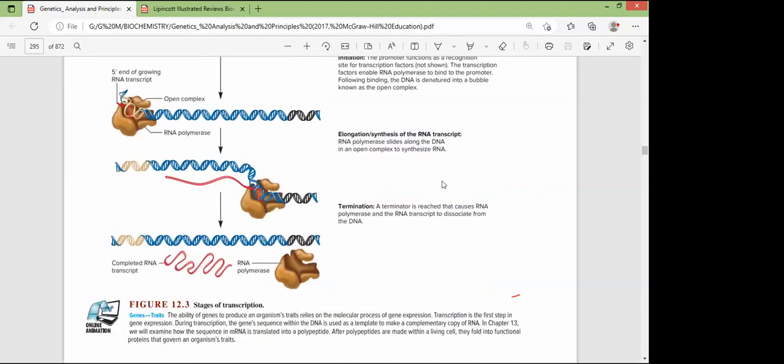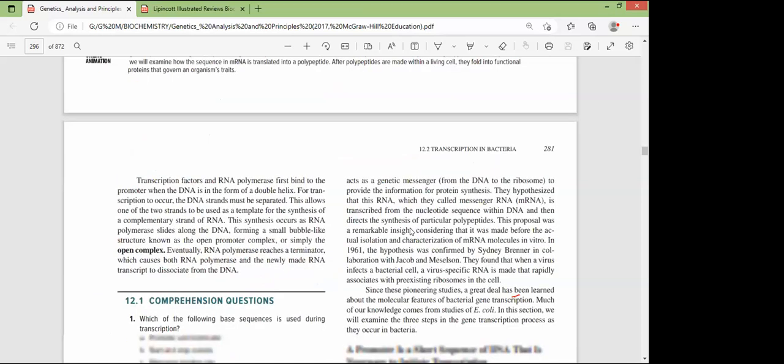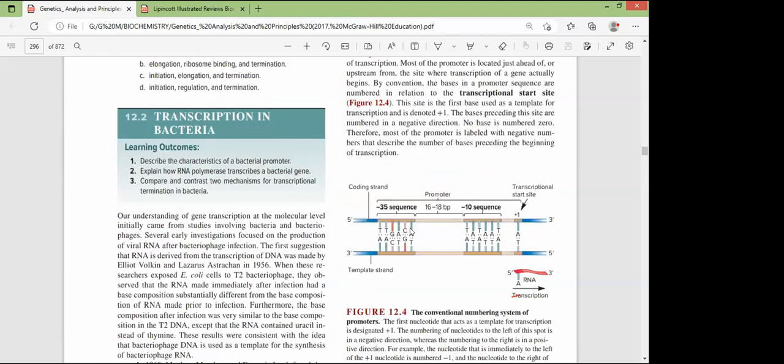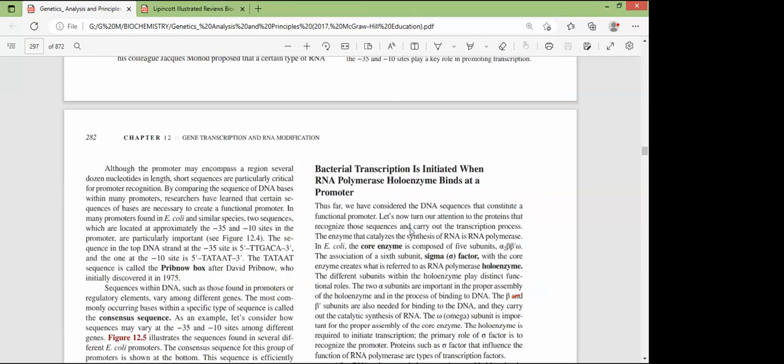At the end of the gene, it will stop, and the RNA will be complete. The RNA will then move to the cytoplasm, where it meets the ribosome and is translated into a protein.